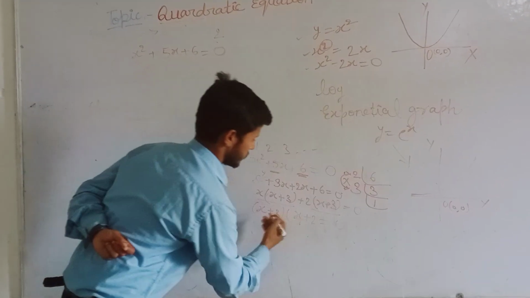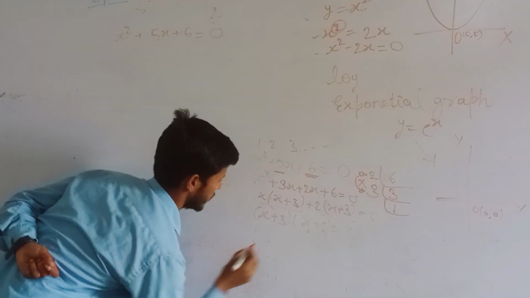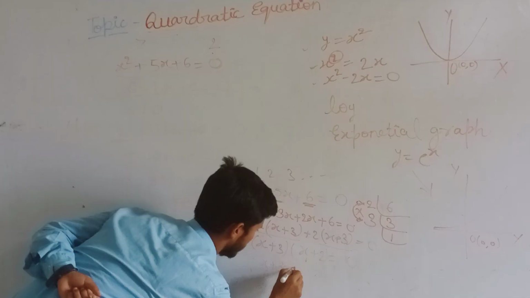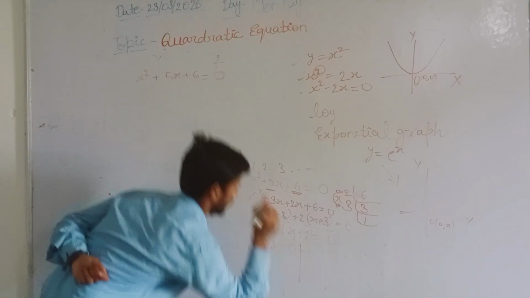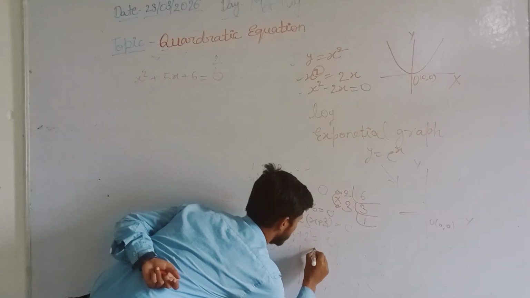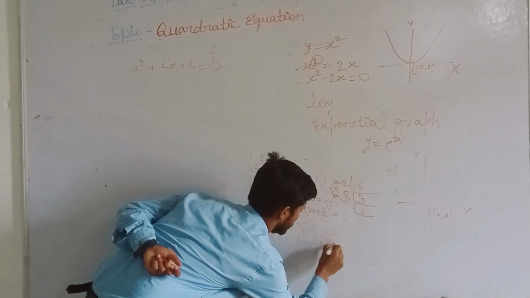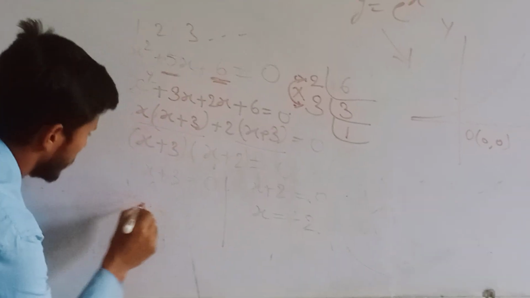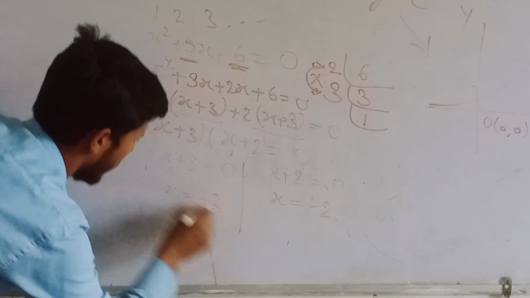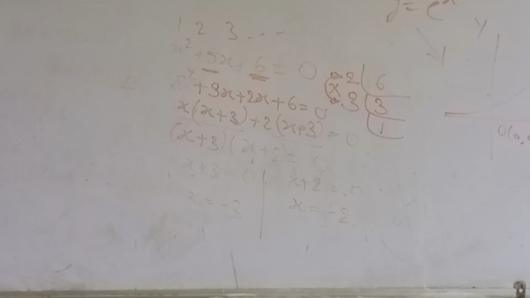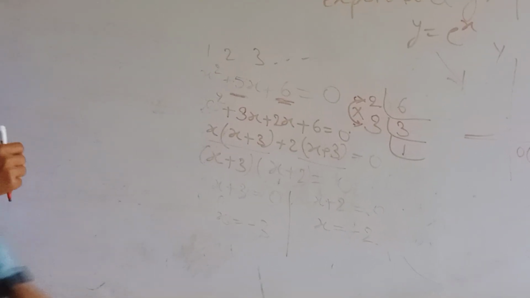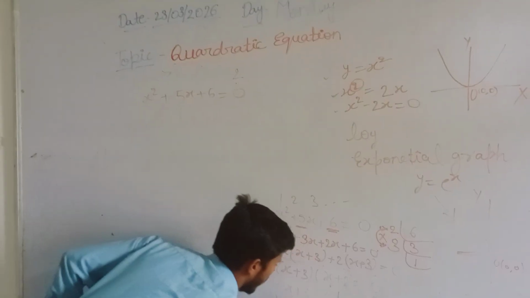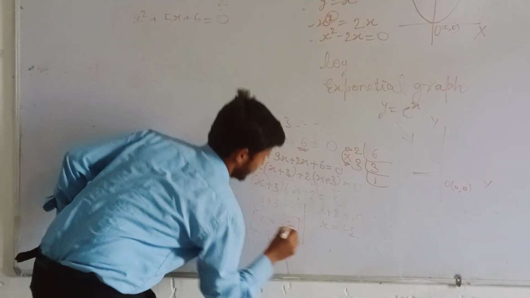Now we will solve these two equations. x plus 3 is equal to 0 is one part and another part is x plus 2 is equal to 0. Now x is equal to minus 2 or x is equal to minus 3. Any question? I hope you have no doubt. Now we have got all the roots.